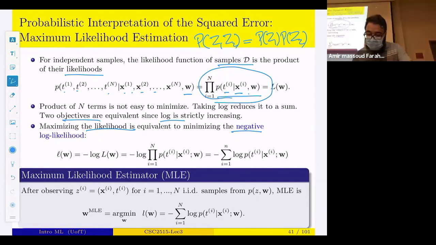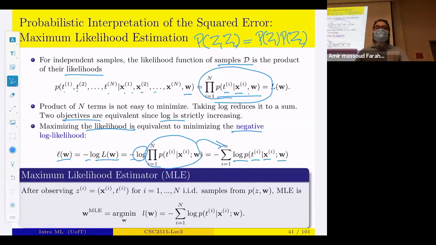So the negative log likelihood would be minus the logarithm of the likelihood, which would be minus log of the product because of independence, and then because of the property of log, this becomes the summation of log of P of Ti conditional on Xi and W.